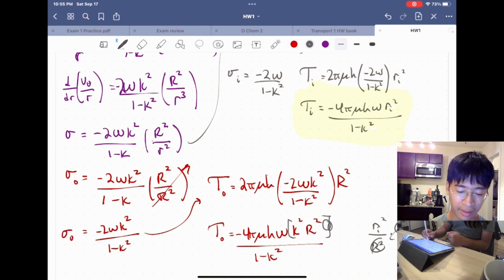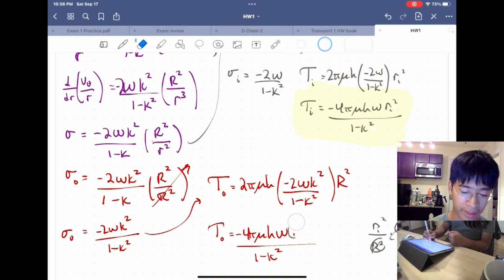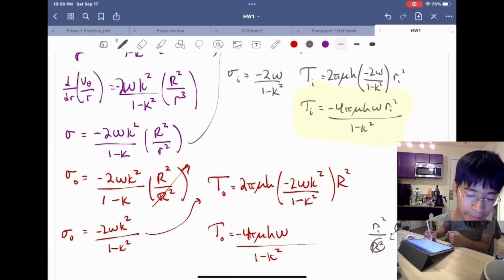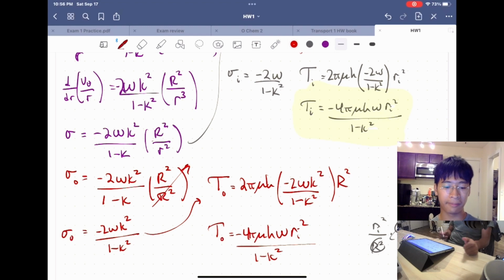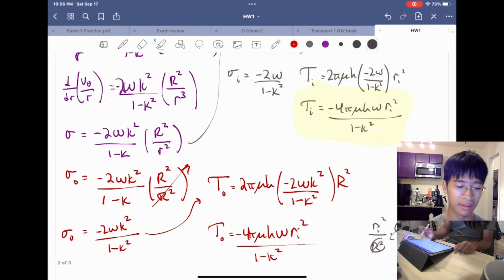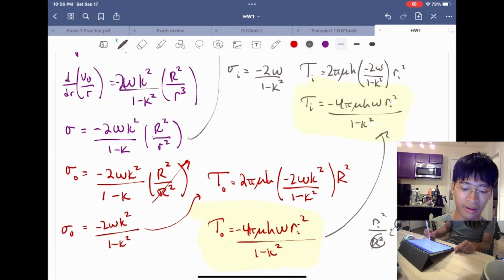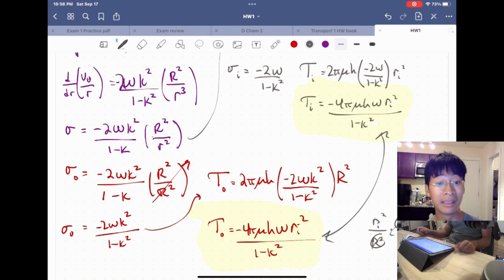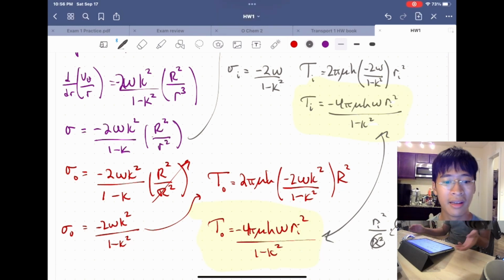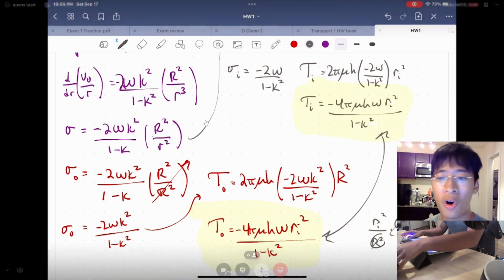In reality, k squared times big R squared is equal to inner radius squared, or r_i squared. Look at that. It matches up. It looked bleak at times, but it matches up. We now have our two torques at the inner and outer radius balanced. So that concludes part 1 of homework 1.